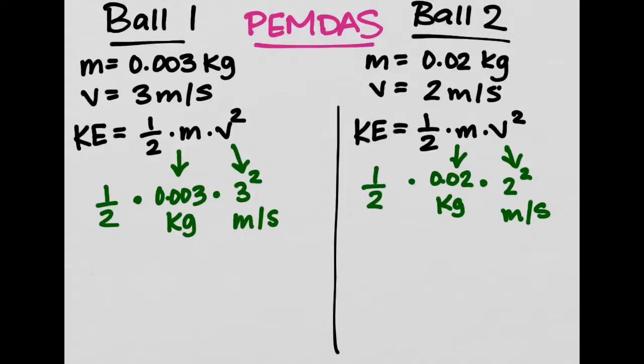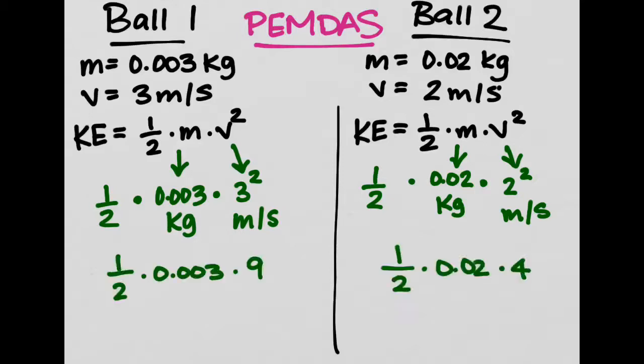And to solve for ball 2, I do 1/2 times 0.02 kilograms times 2 squared. Don't forget that using your order of operations, you're always going to do parentheses and exponents first. So I need to start by squaring 3 and then 2. I squared both of them, and now I can move on with my multiplication.